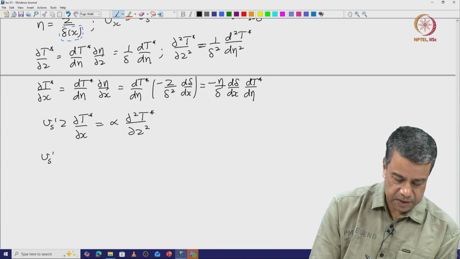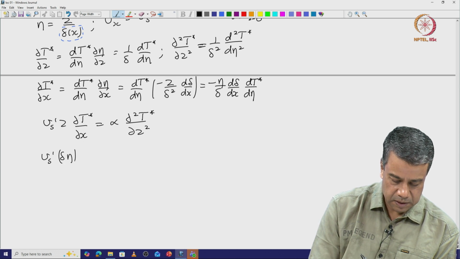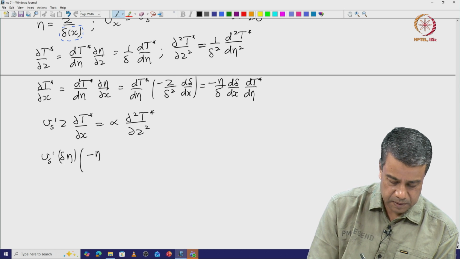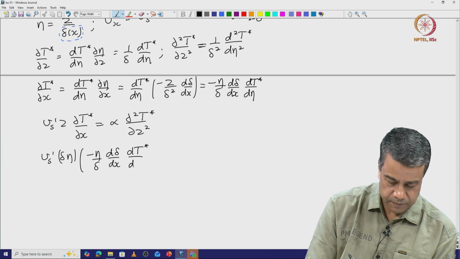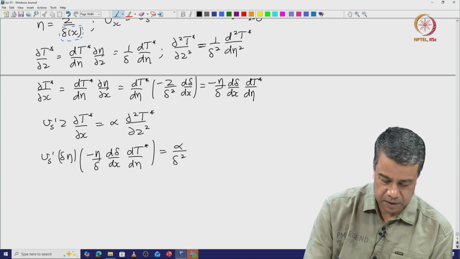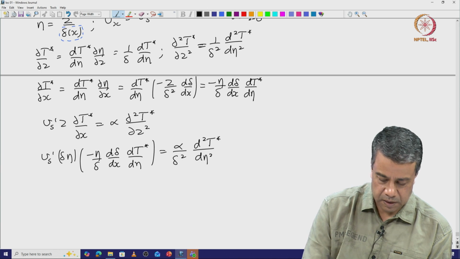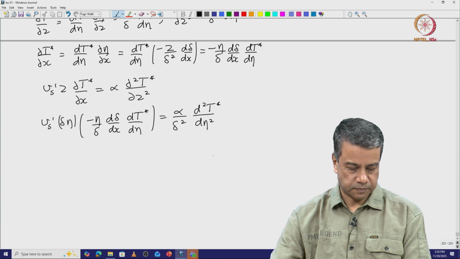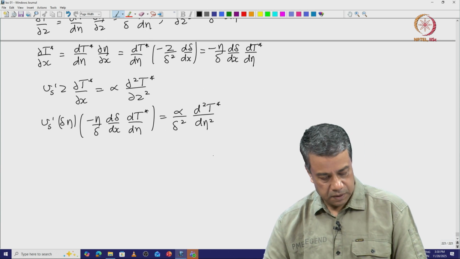Vs prime z is Vs prime delta times eta, and dt by dx is minus eta by delta d delta by dx, is equal to alpha by delta square d square t star by d eta square.